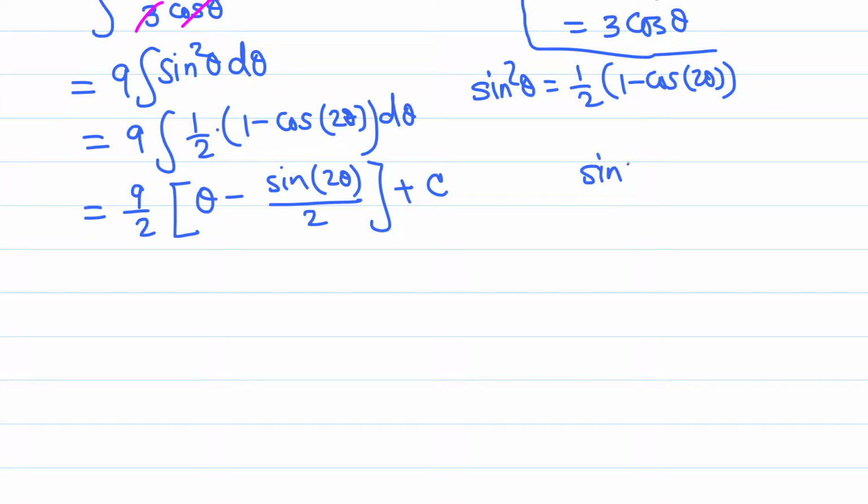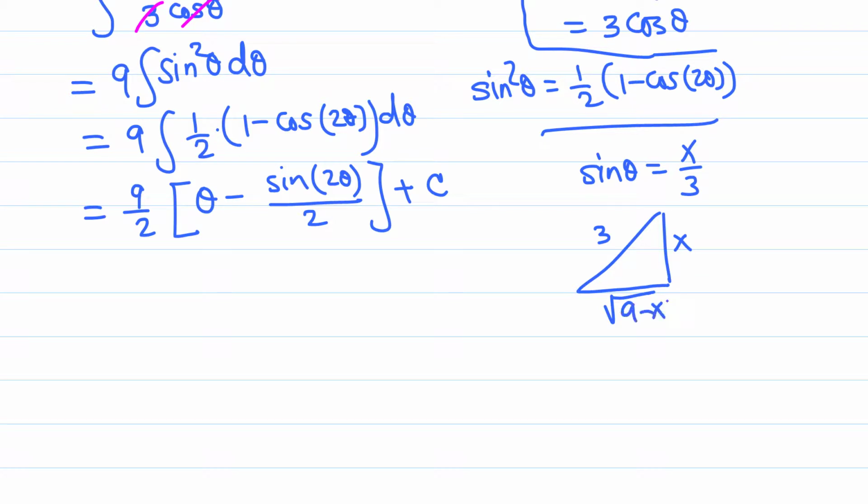We use that to finish this problem. So sine theta equals x over 3. I'm rewriting that, okay? We got x, 3, and this one, square root of 9 minus x squared. Okay, we want to plug in here. So this is 9/2, theta. So we need to do the inverse sine. Sine theta equals x over 3 implies theta equals arc sine of this.